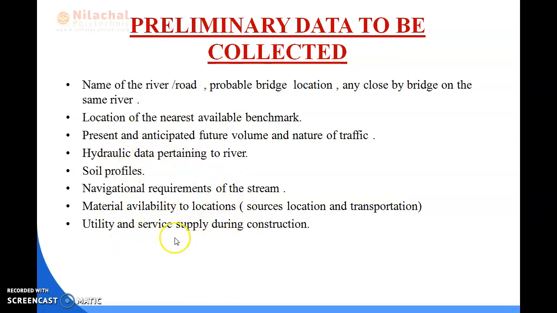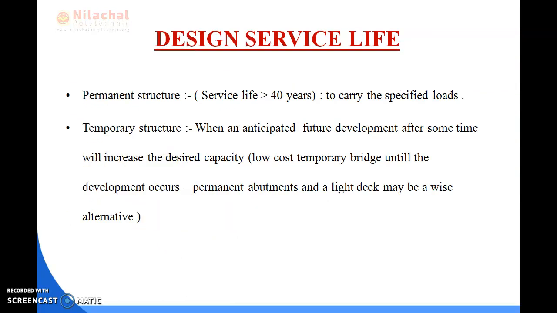These are the data to be collected in the preliminary study. Okay. Next one is design service life.